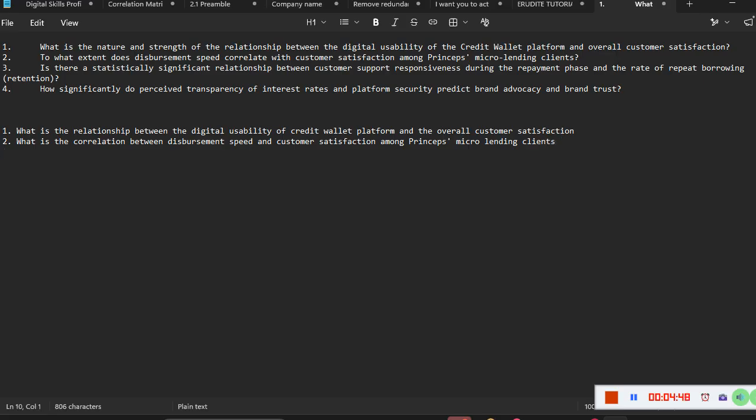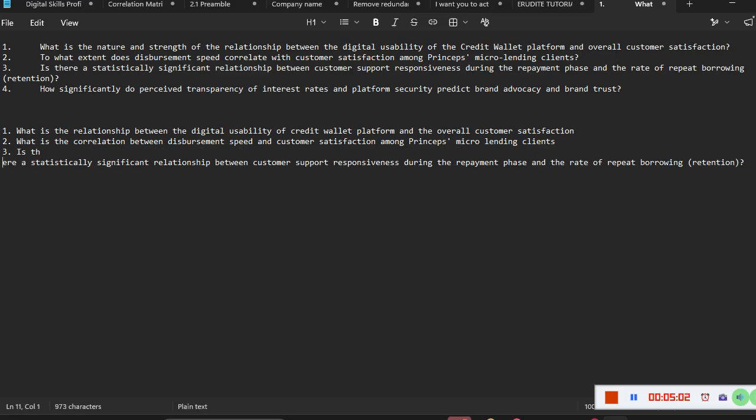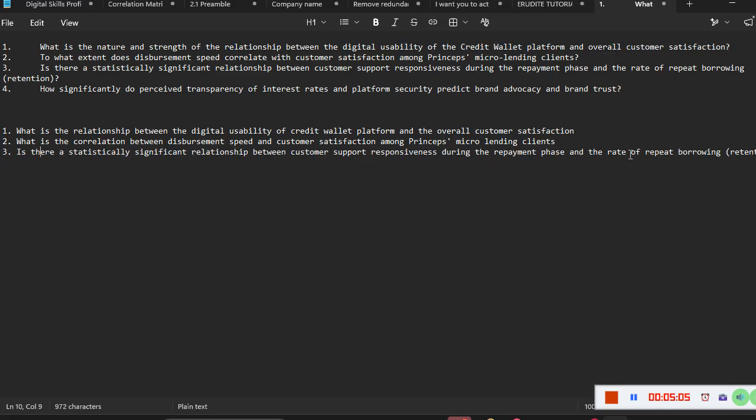Okay, so is there a statistically significant relationship between? I could still use this. This still looks simple, straight, and direct. So that's why I am editing it back and redrafting it.